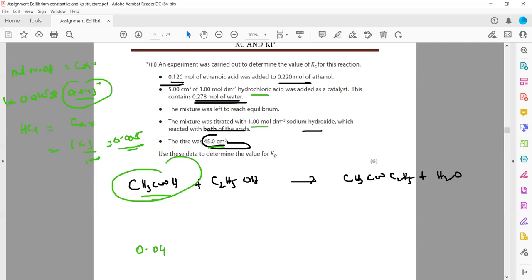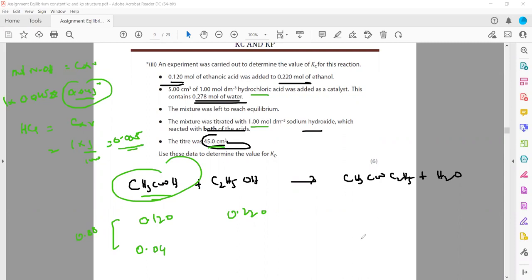If these are the moles left at equilibrium, how many moles reacted? Originally it was 0.120, and out of that this is left. The ethanol was 0.220. So how many are reacted out of this? So 0.08 moles are reacted.